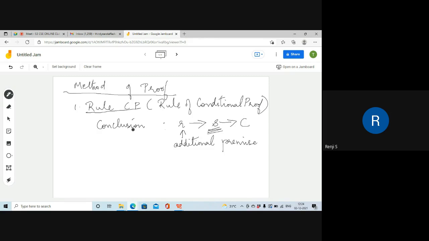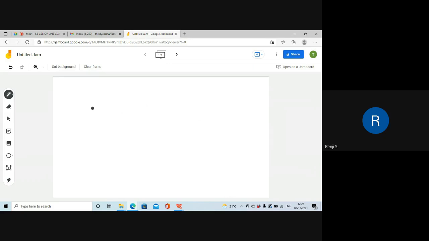I think we had done one question. Did we complete that question? Determine the validity of the arguments using rule CP. No, so let us solve it.